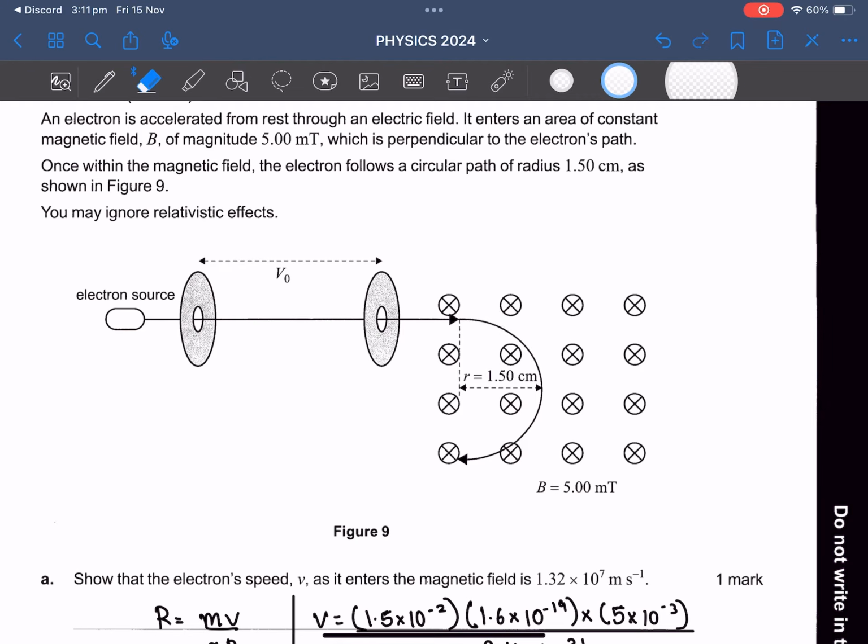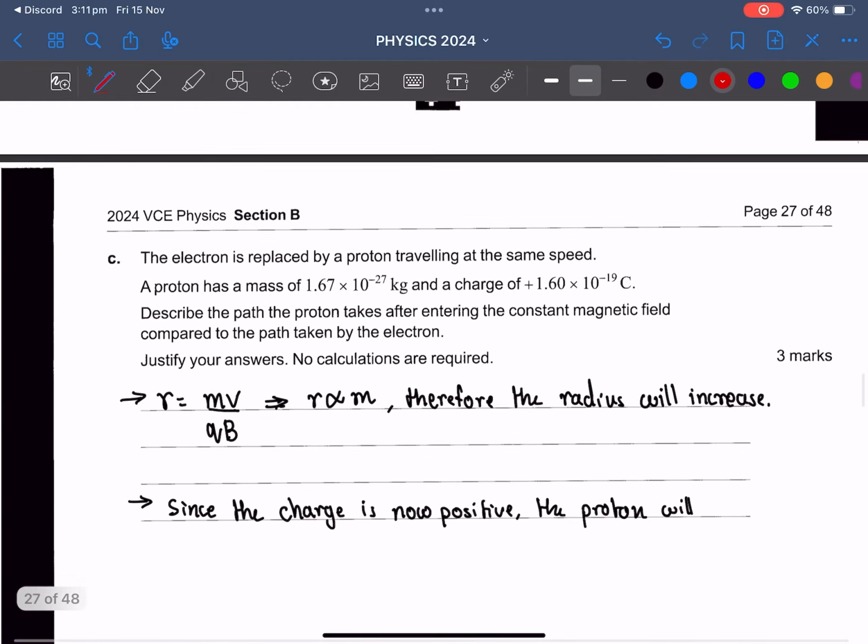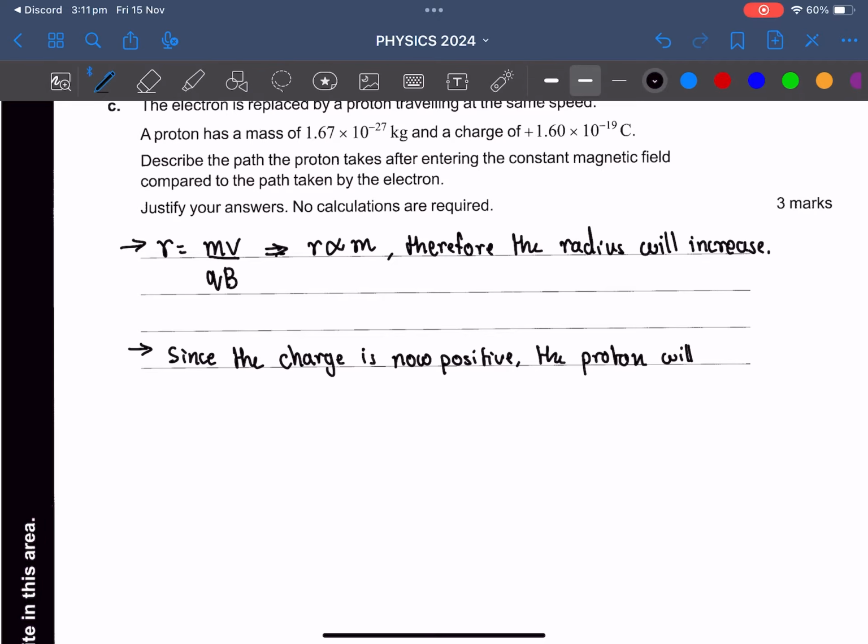So I guess I can say the proton will rotate in the opposite direction. Hopefully that makes sense.